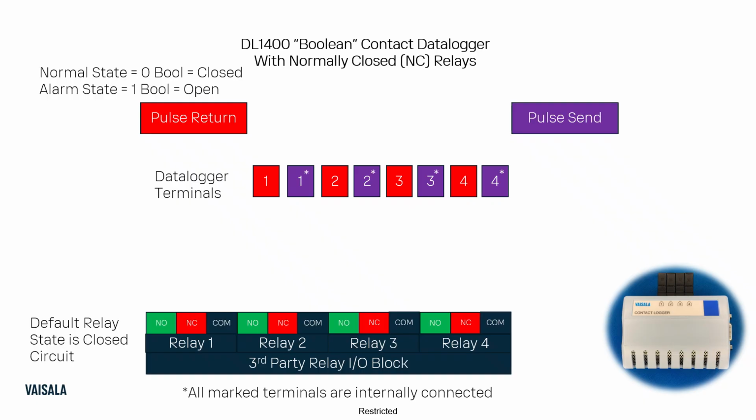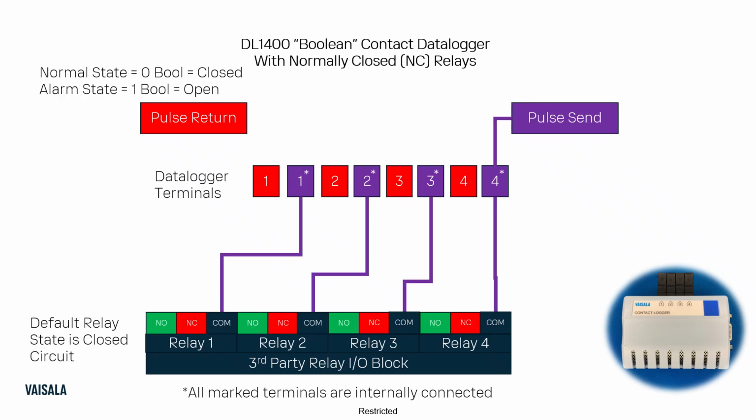And now back to the energy flow through the circuit. This is largely the same as the previous part of the presentation. The pulse comes from the data logger, goes through the commons, comes back. Instead of through the normally open contact, you're going to the normally closed contact on the relay. And of course, if it's a door switch, you just have two leads on it. There's no normally open contact.